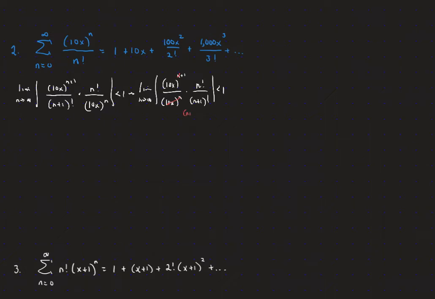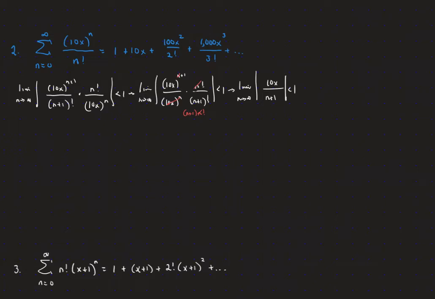We'll recognize our n plus 1 factorial as n plus 1 times n factorial, and cancel the n factorial part of it. So we're going to get the limit as n goes to infinity, and now we're down to 10x over n plus 1.